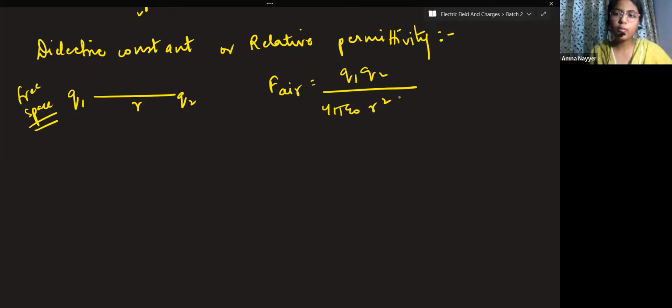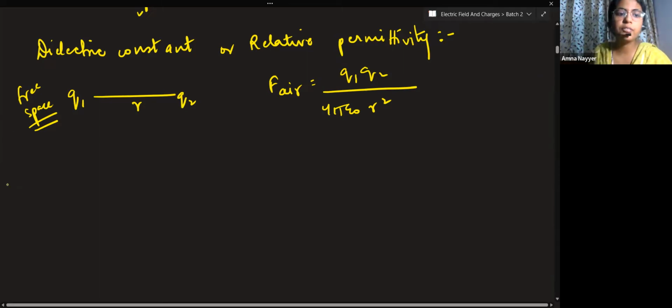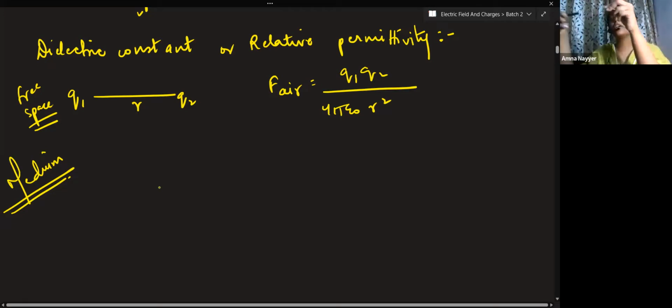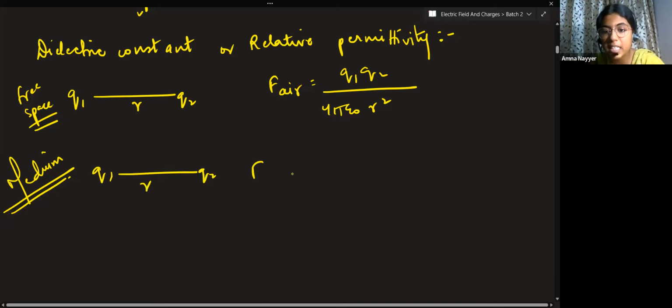Now see, what if I change the medium? Instead of free space, I take a different medium and place these charges in it. So Q1, Q2 were the charges, the separation was R. Now the force in this medium will be Q1, Q2 divided by 4 pi epsilon R square.